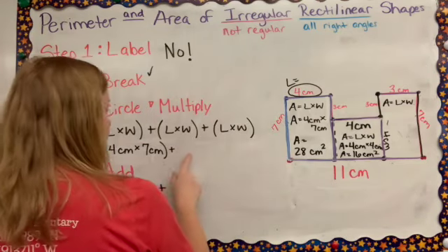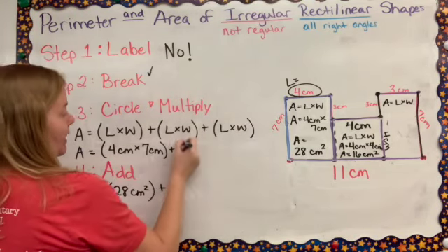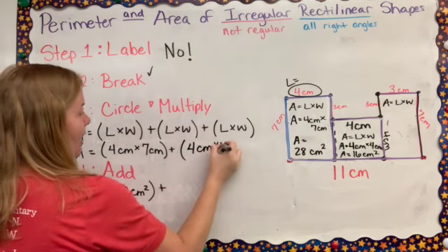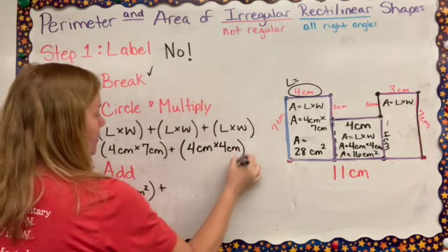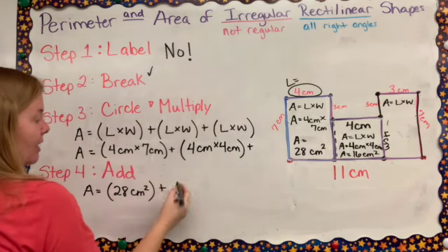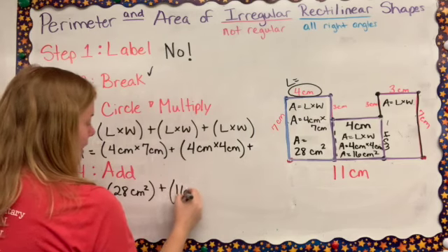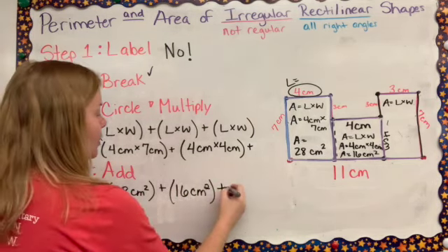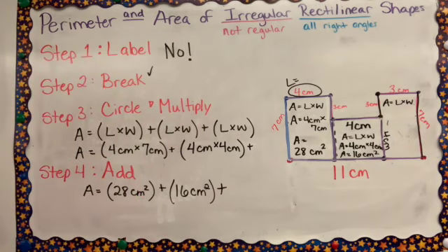So I'm going to go over here, put my next one in. 4 centimeters times 4 centimeters plus, I still got to figure that one out. 4 times 4 is 16 centimeters square. Perfect. Rolling on along.